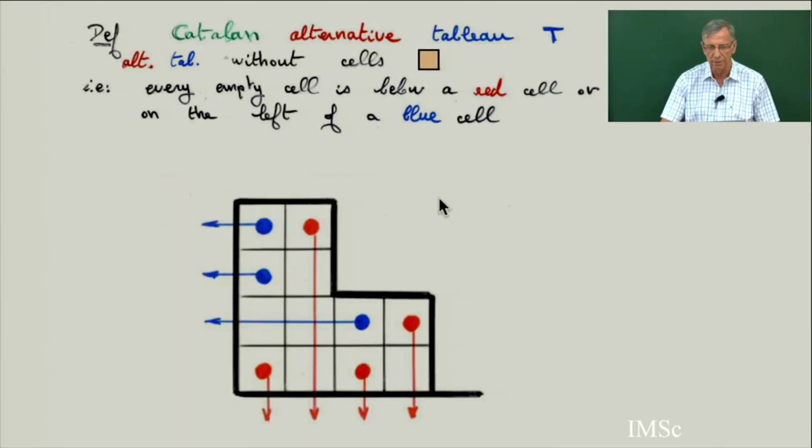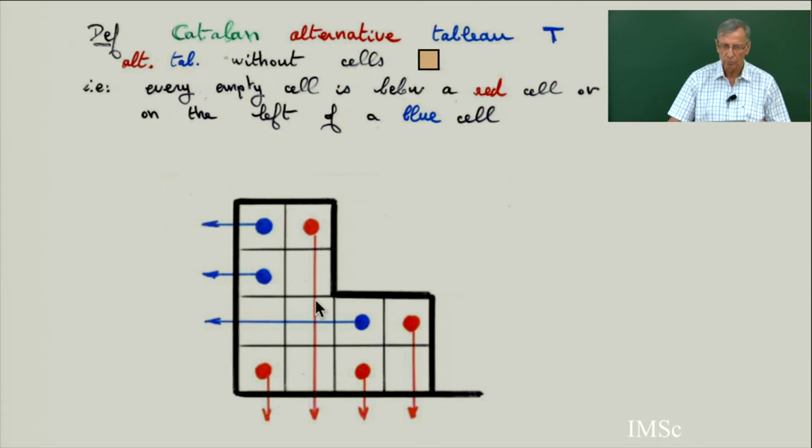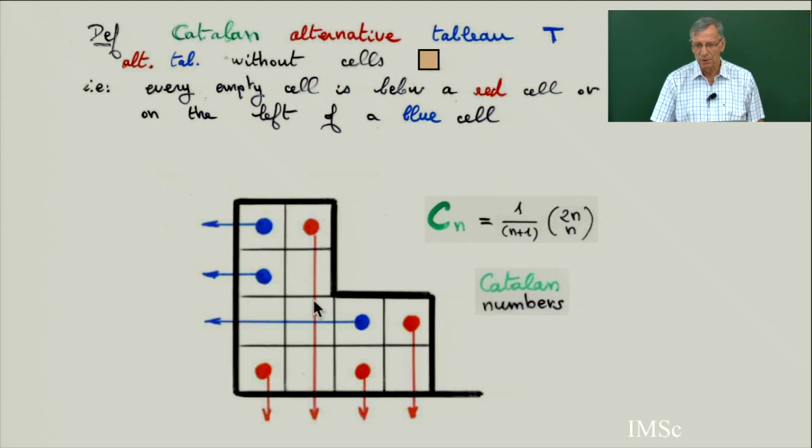So a Catalan alternative tableau is a tableau where every cell is blue or red, or at the left of a blue or below a red. And why I call this Catalan alternative tableau, we have seen this in the previous lecture, it's because it's counted by Catalan numbers. I will give a proof of this by 2 bijections between binary trees and pairs of paths.